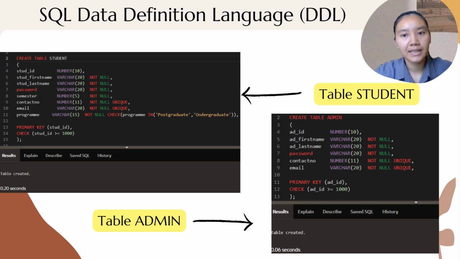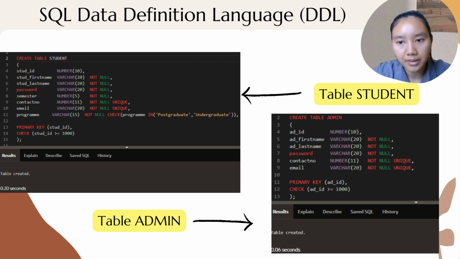For the SQL data definition language, we create the 6 tables. The first one is table student. For the table student, we create all the attributes, and the primary key is student ID, which can be more than 1000, and we check whether the program is postgraduate or undergraduate.